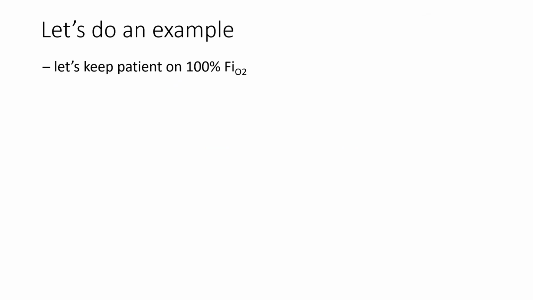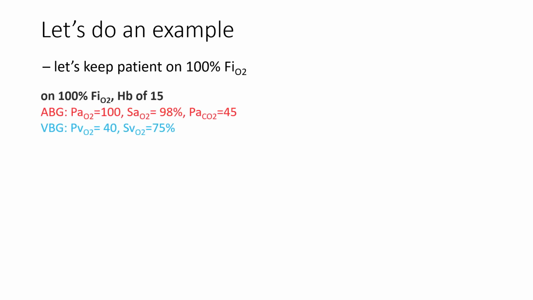It's very easy to calculate your equations if you keep your patients on 100% FiO2. So let's keep the patient on 100% FiO2 and check an ABG and a VBG. This patient has a hemoglobin of 15. So your P capillary O2 would be equal to P alveolar O2, and that would be 760 minus 47 minus 45, that's the PCO2 from your ABG, divided by the respiratory quotient.